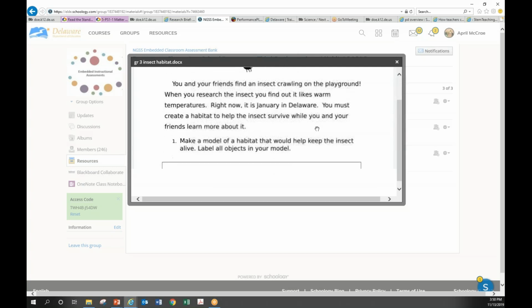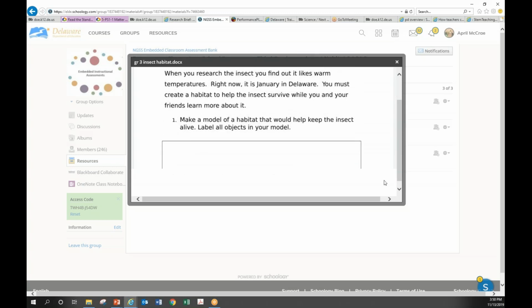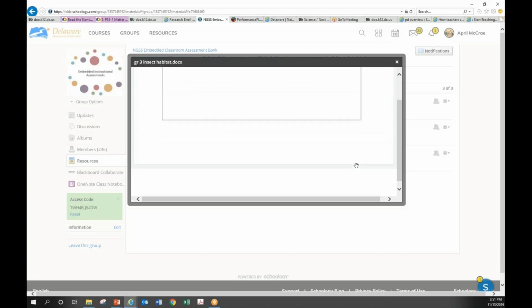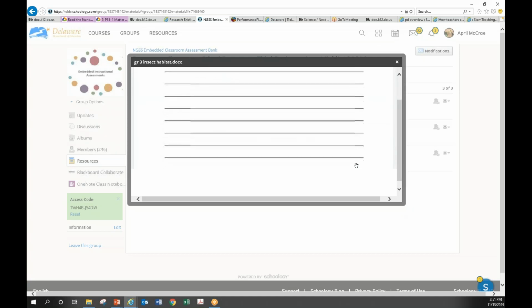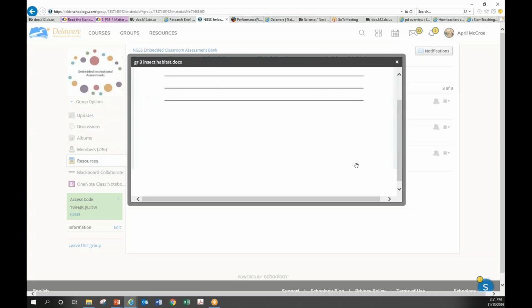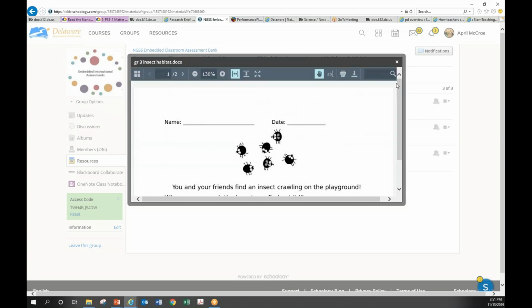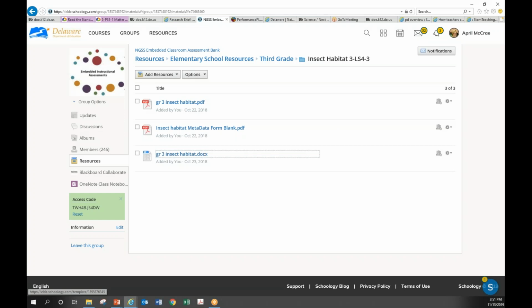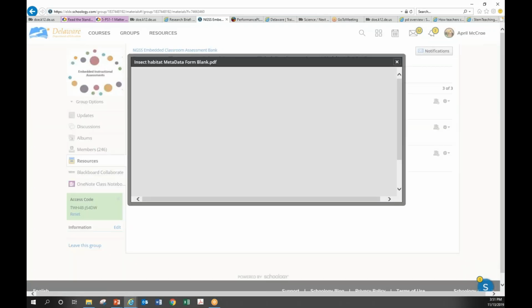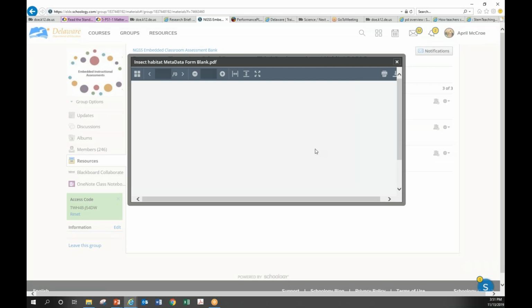Unfortunately, this is taking a while to, there we go, taking a while to open, but it does provide you with a bank of materials, information, questions, all aligned to the standards, vetted by teachers and reviewed several times over. And then the metadata form offers the rubric and all of the alignment and information that goes along with it.